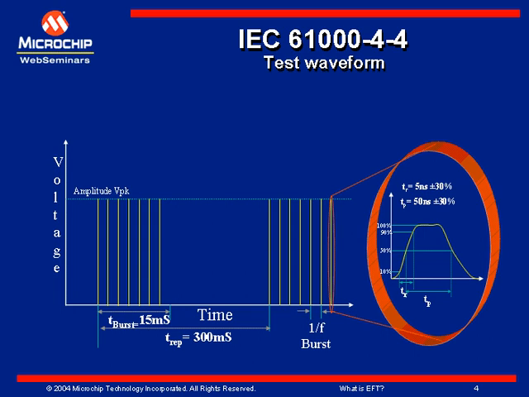First, let us look at the test waveform. There are a few interesting things in a test waveform. The first thing, as you can see, is multiple small pulses, and there is some on time, and then there is off time.